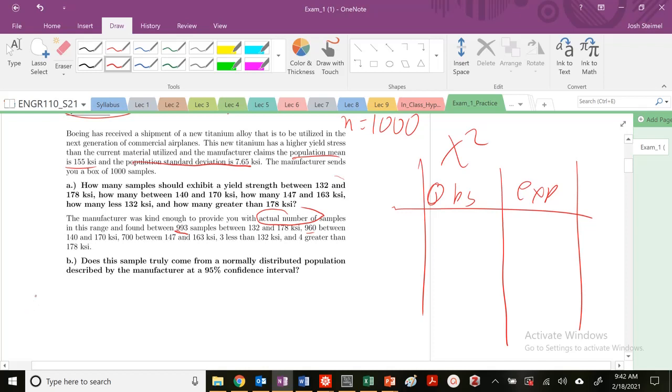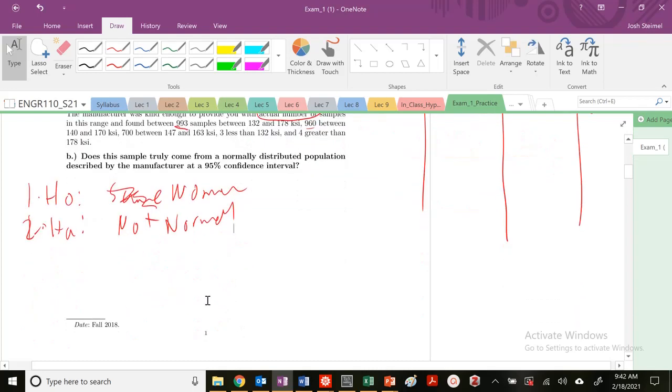For a chi-square test, the first step is the null hypothesis: the data is normally distributed. Our second step is the alternative hypothesis: not normal. We are specified here that we're working at a 95% confidence interval, so alpha is equal to 0.05.